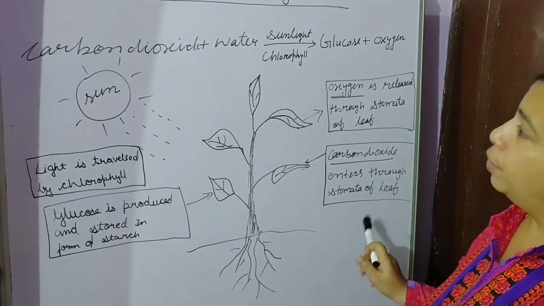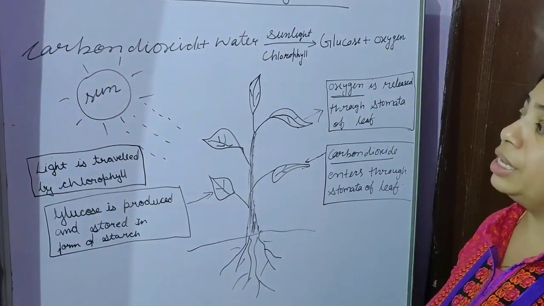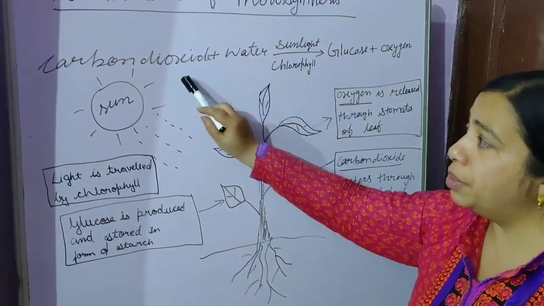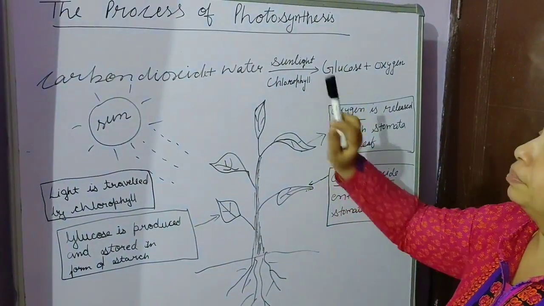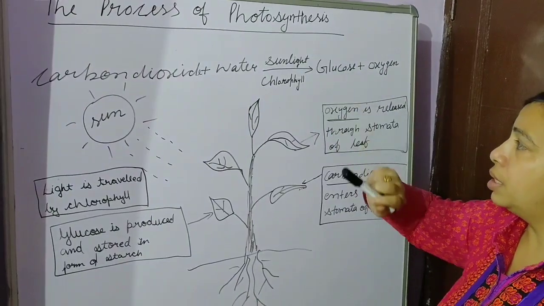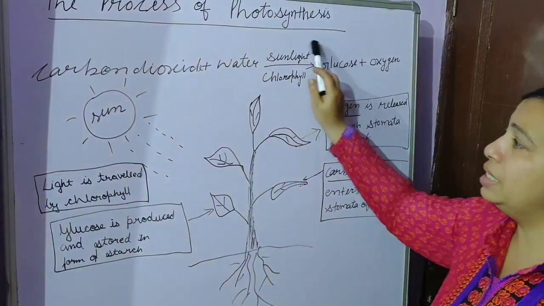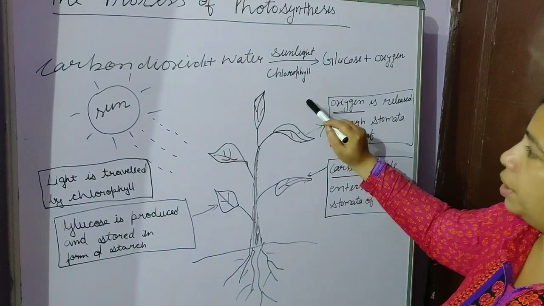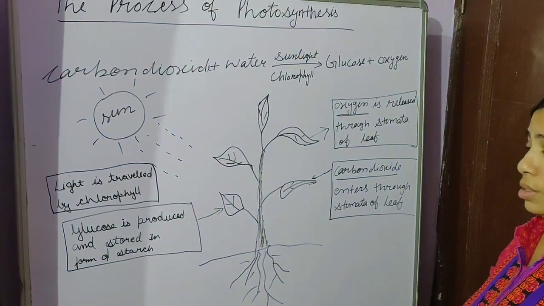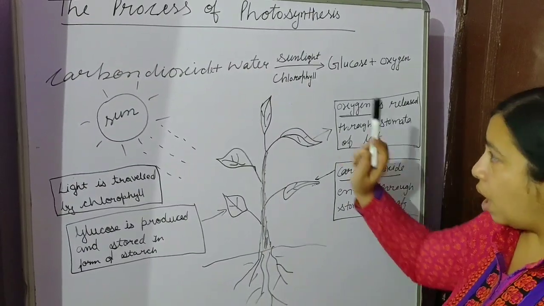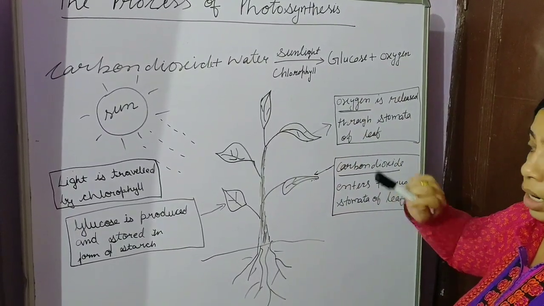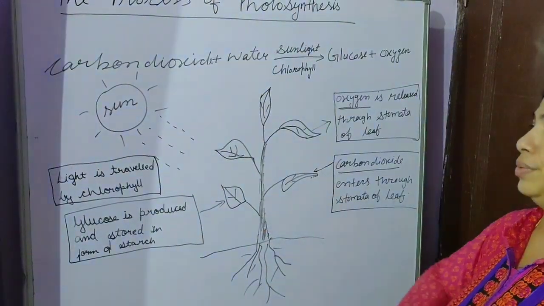In this way, I have told you the very essential things: for the photosynthesis process there must be the presence of carbon dioxide, there must be the presence of water, and there must be sunlight and chlorophyll. These are the essential components, and we can say essential conditions, for photosynthesis. After photosynthesis, glucose will be prepared and stored in the leaves.